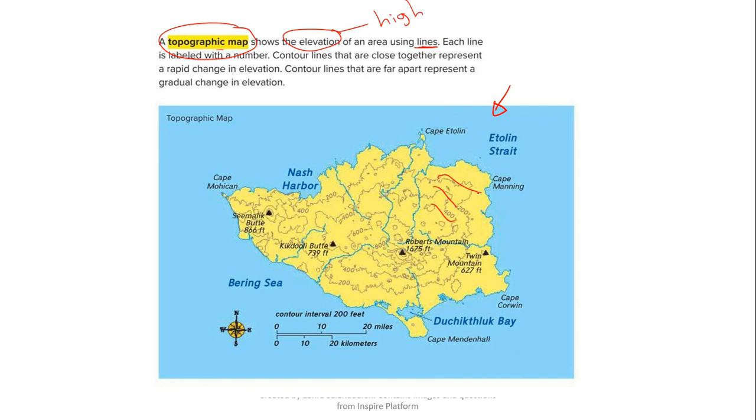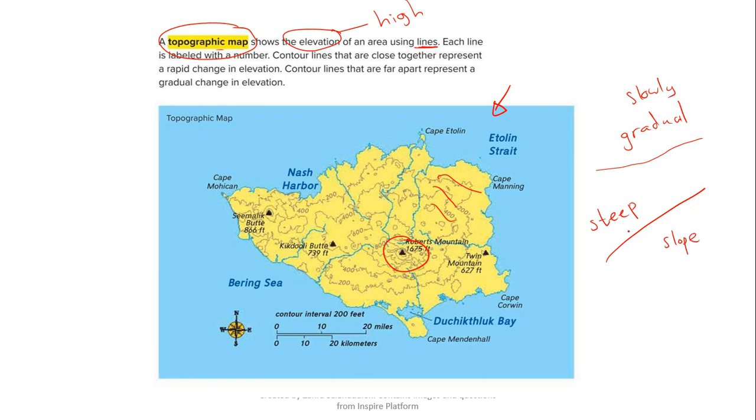When these lines are close to each other, it shows us that the land goes up slowly. We use the word gradual. When the land goes up quickly, this one over here, we call it steep. In grade 2, you learned that this is called a slope.